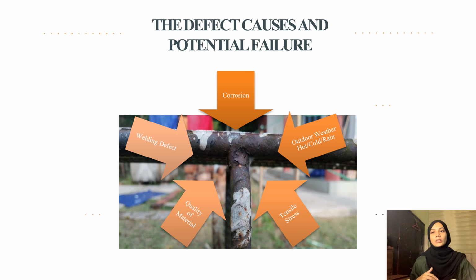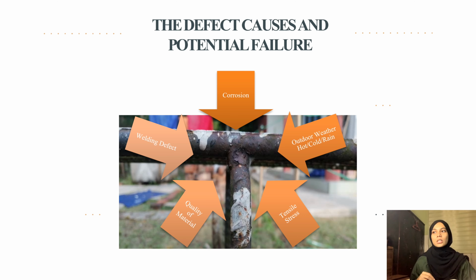Another cause that may cause the defect is welding defects. This is possible because the mild steel iron rod is small in size and needs very thorough and delicate skill to weld the joints of the small rod.